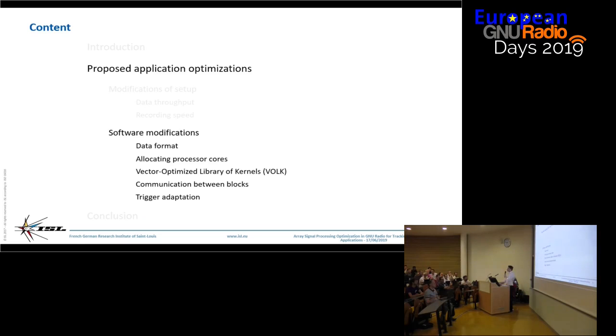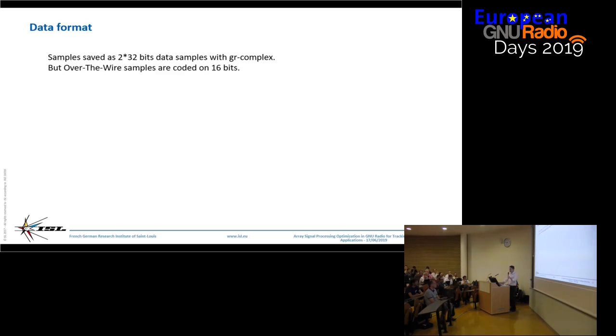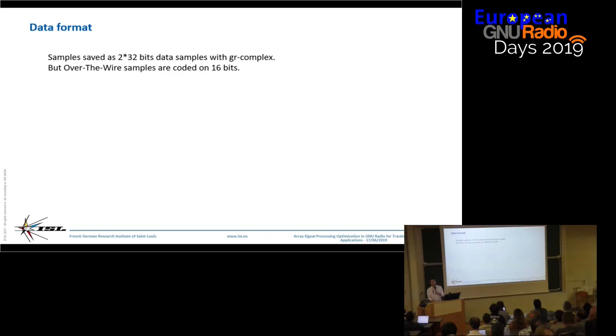Now that we're sure that our setup is not going to be the bottleneck for our application, that brings us to questioning the blocks that we have been implementing so far and trying to rethink them, not only this time in terms of ease of implementation, but also in terms of performance. So the first thing was the data format we recorded. The native GNU Radio complex samples are twice 32-bit data.